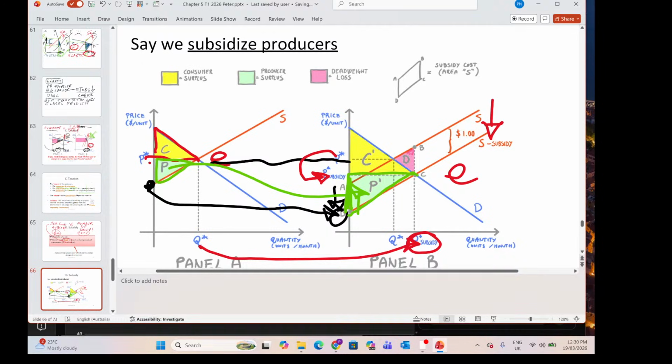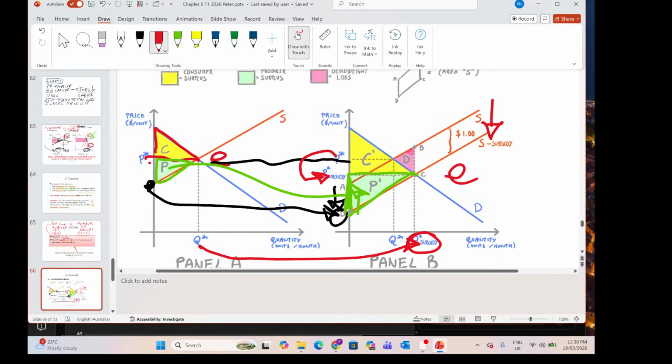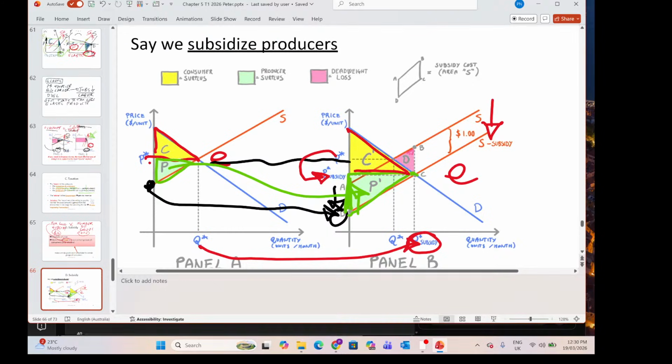Why is the producer surplus larger? Because the marginal cost has been artificially brought down, and the quantity is larger. You can also see on the diagram that the producer surplus is much larger.